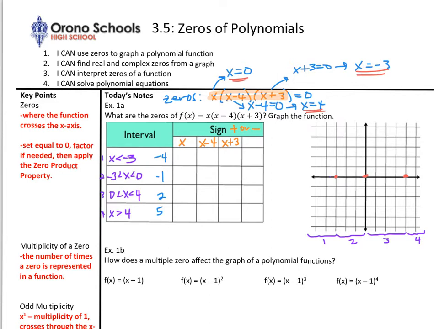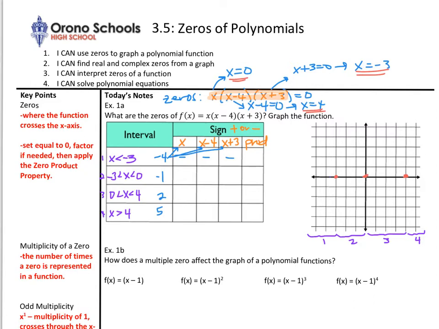And we get that by taking the product of our 3 results. Here's what I mean. If we plug in negative 4 for x, that would be a negative number. If we plug in negative 4 for x minus 4, that would also be negative. And if we plug in negative 4 for x plus 3, that would be a negative answer.